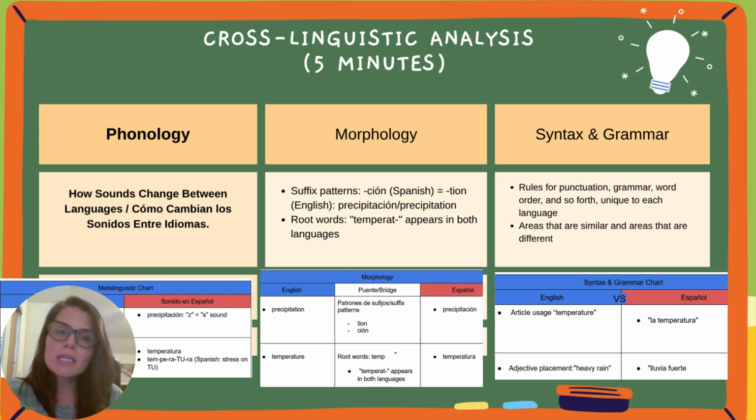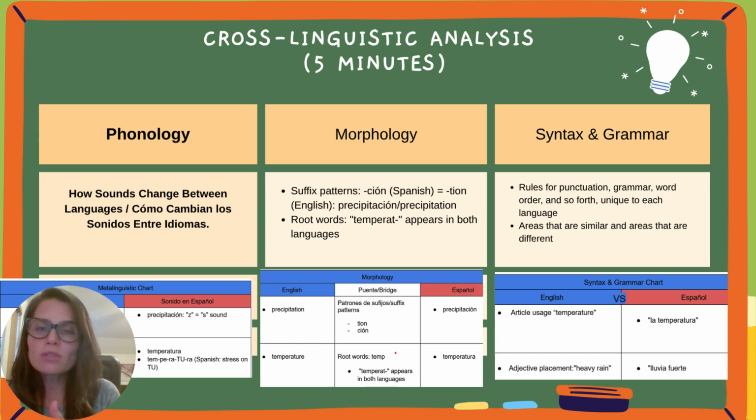The idea here is to push the students to really reflect and make those cross-linguistic or metalinguistic analysis and connections between both languages. So for example, in phonology, like how sounds can change between languages.